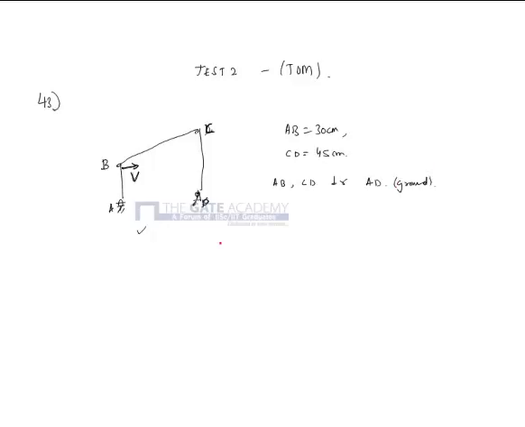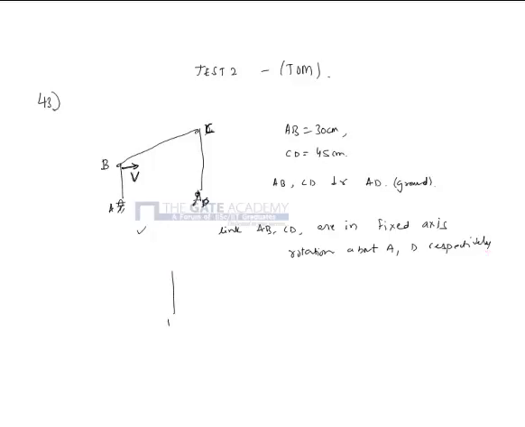So we can see that the links AB and CD are in fixed axis rotation about A and D. Fixed axis rotation means their ends A and D are fixed as shown. Rotation about A and D respectively.